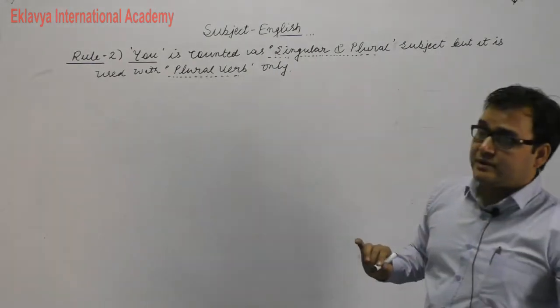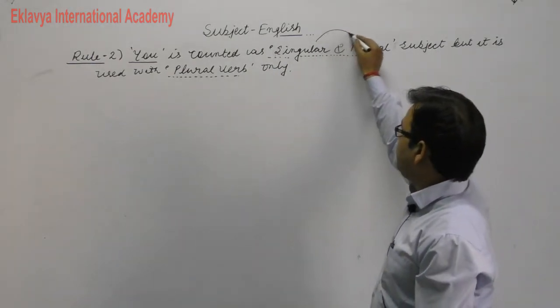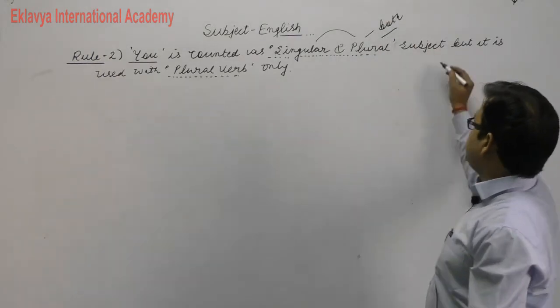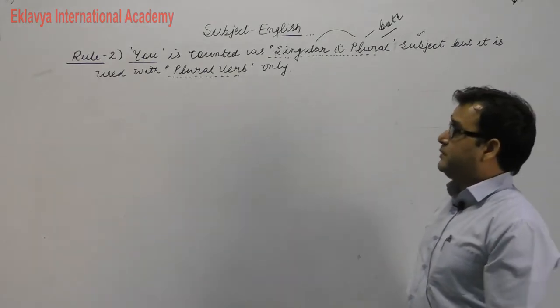The rule is, student, you is counted as singular and plural subject both, but it is used with plural verb only.